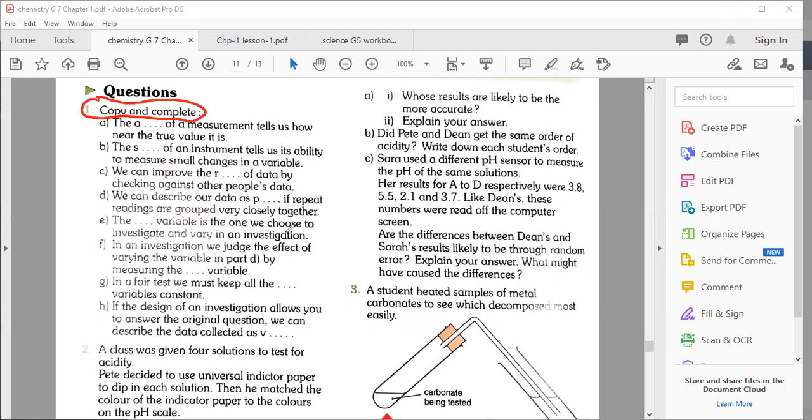That is your homework. From page number 16, A, B, C, D, E, F, G, H. You need to complete all of this in your textbook. No need to write in your copybook. No need to do anything else. Only one question you need to solve.